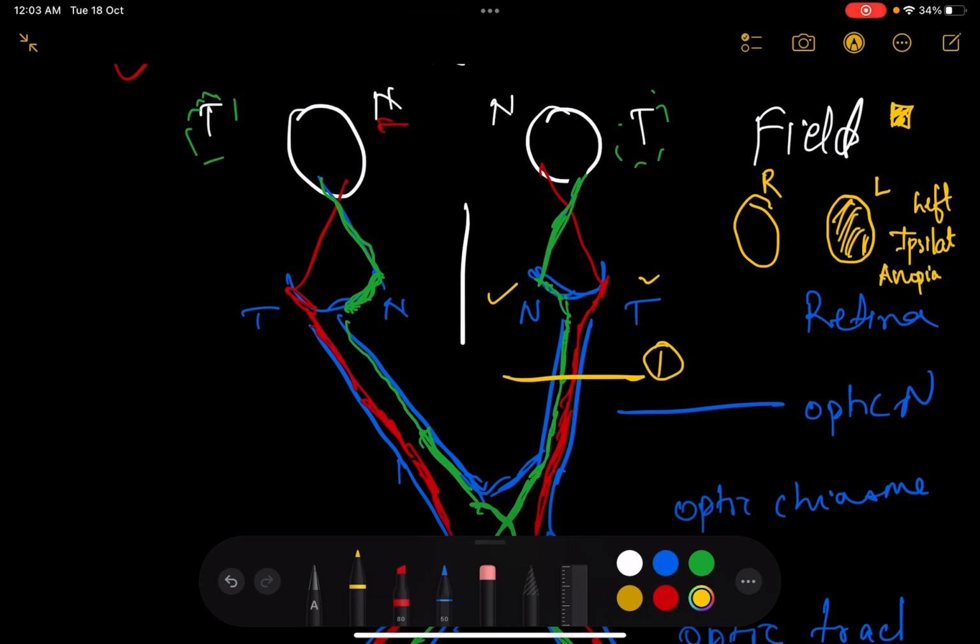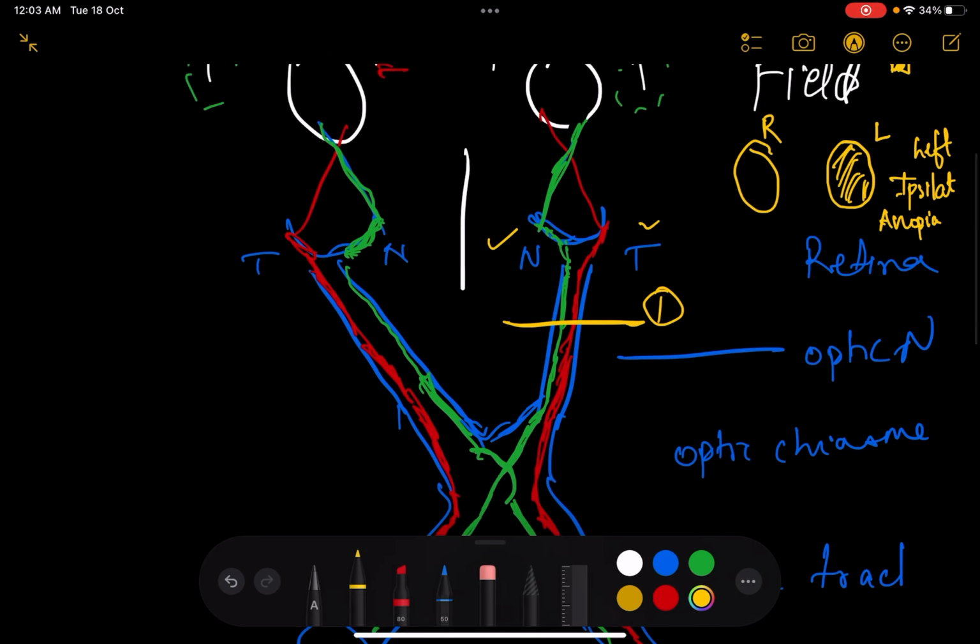Okay. Now this left ipsilateral anopia is seen usually in cases of a very prolonged optic neuritis or optic neuropathy.